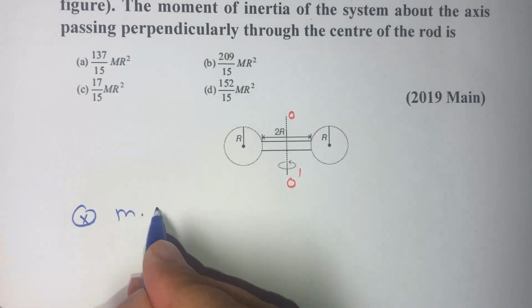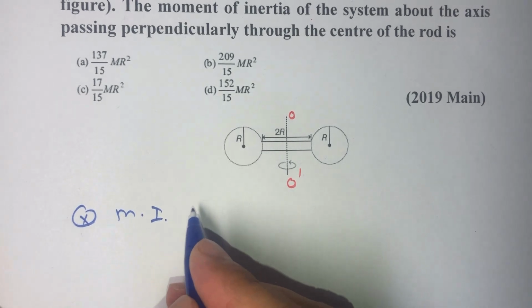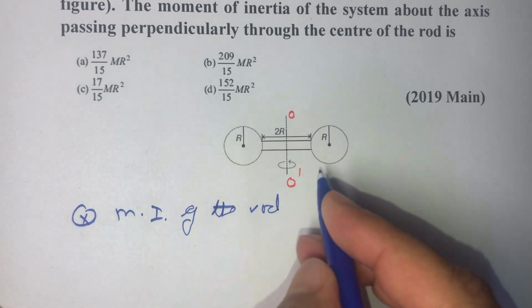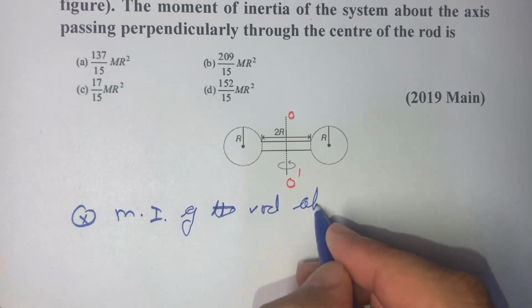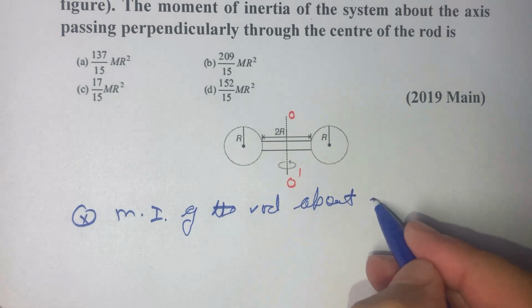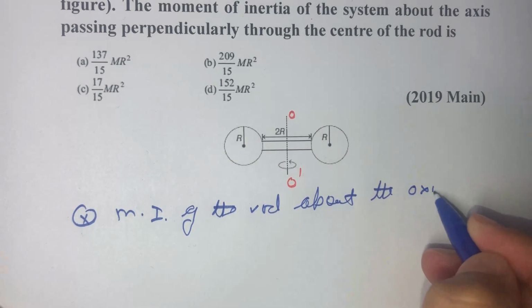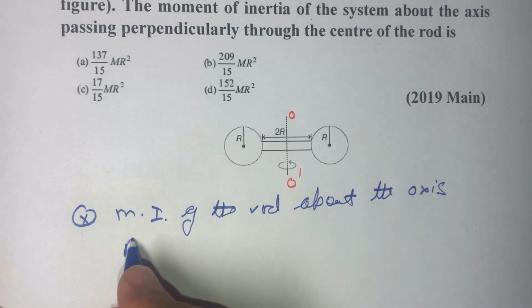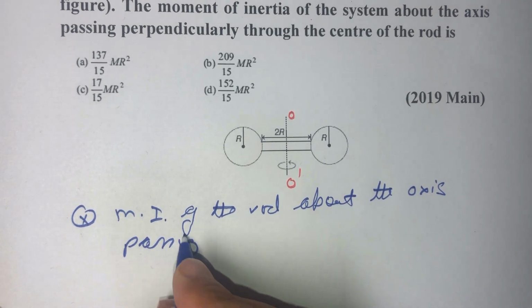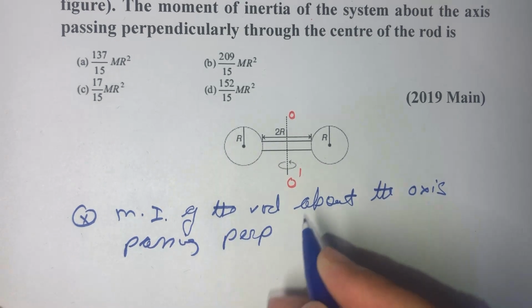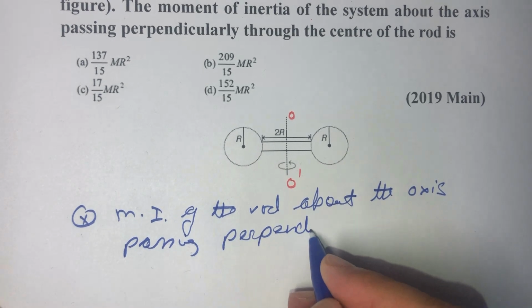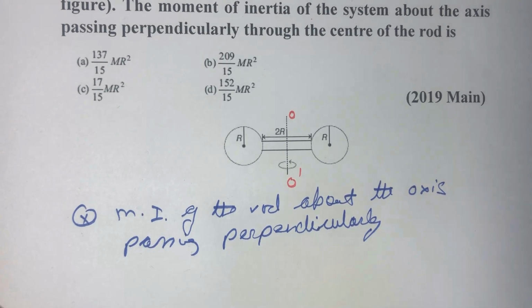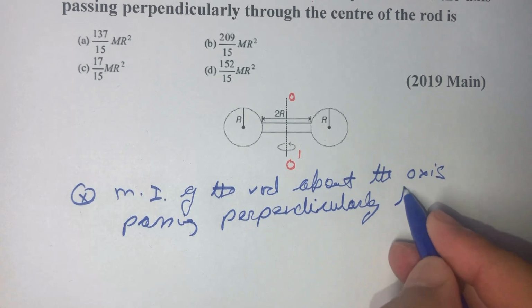So you can say moment of inertia of the rod about the axis passing perpendicularly through the center.